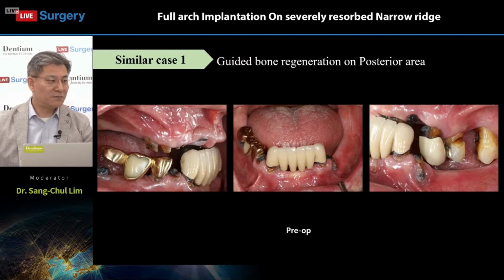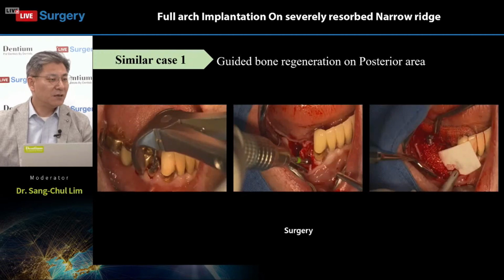Then the teeth are extracted, the remnant bone is removed and trimmed, followed by implantation, bone grafting, and membrane application. All these procedures are a normal GBR procedure, right?